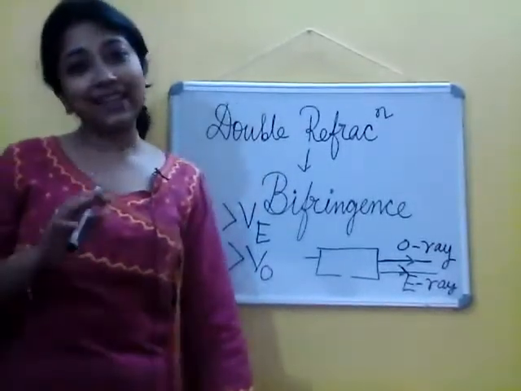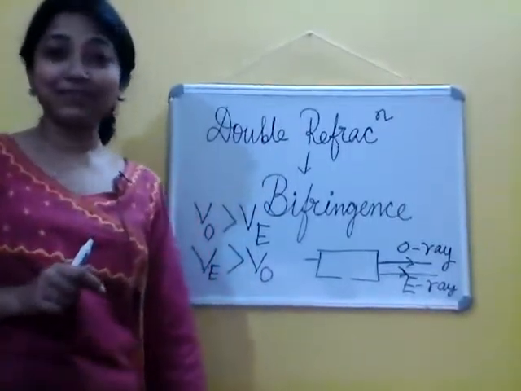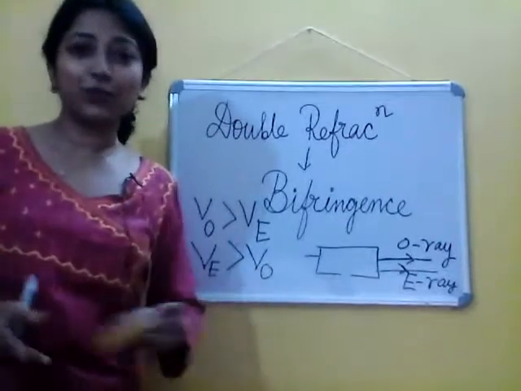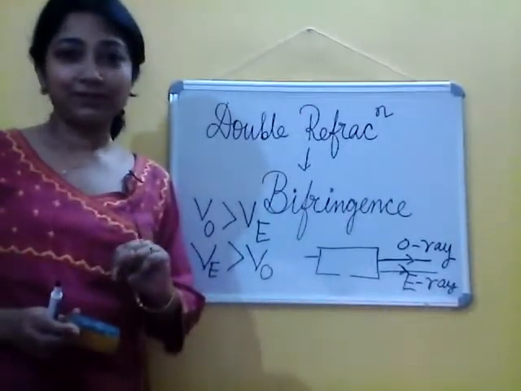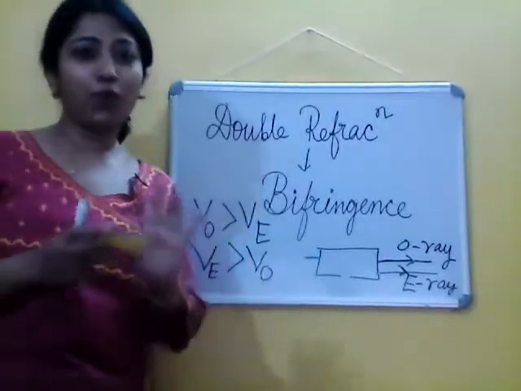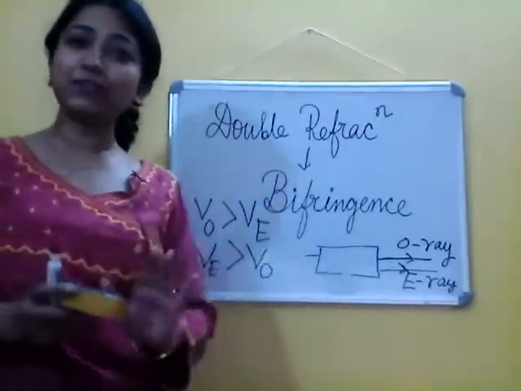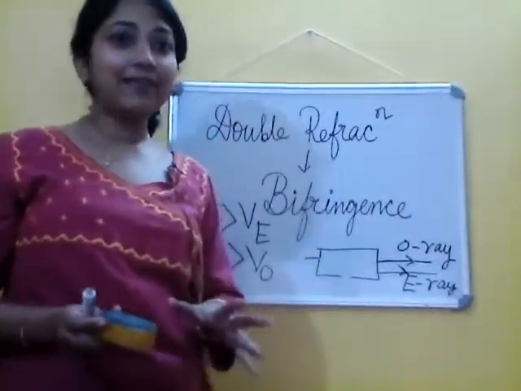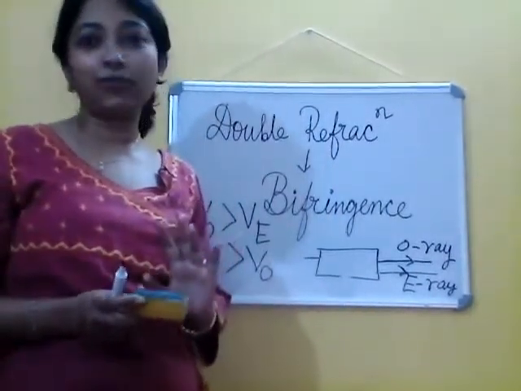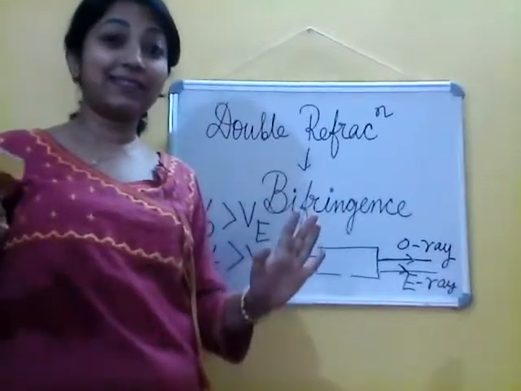I always tell the same example to all my students: think of a society. In a society, there are two types of people. One are ordinary people who follow rules, who abide by rules and do everything as per the rules. We are all ordinary people. And there are some extraordinary people who do not follow any rules, they do whatever they like.